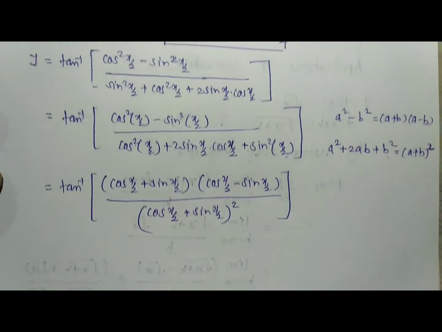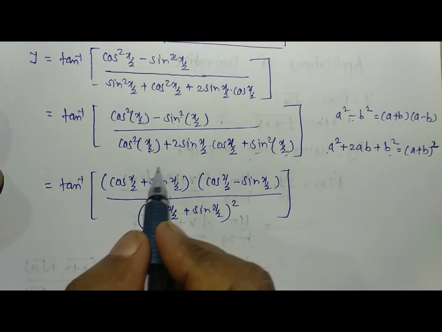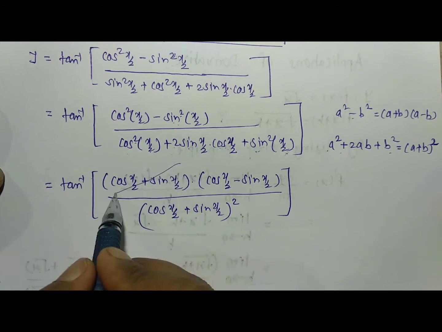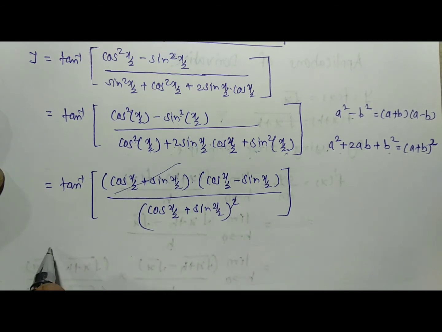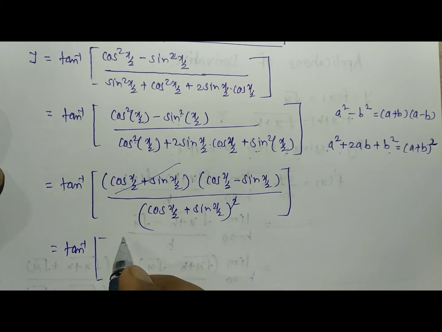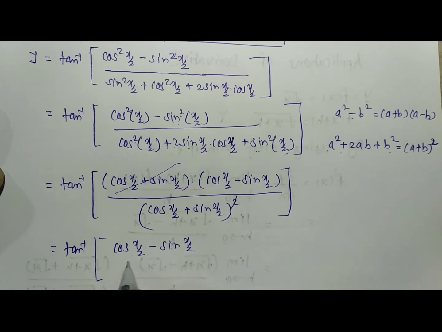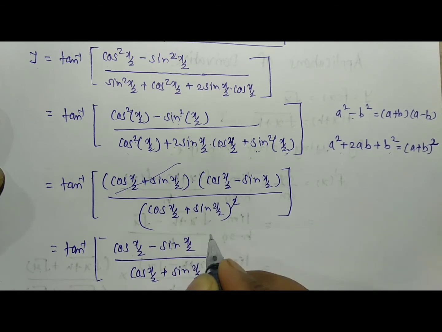And right now one cos x/2 plus sin x/2 cancels, and you will get tan inverse, inside the bracket, cos x/2 minus sin x/2 divided by cos x/2 plus sin x/2.